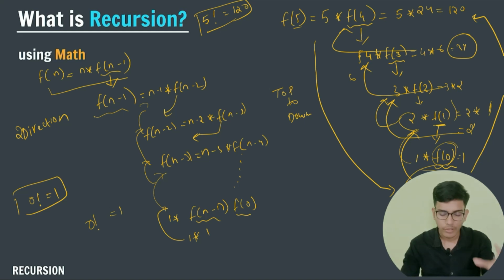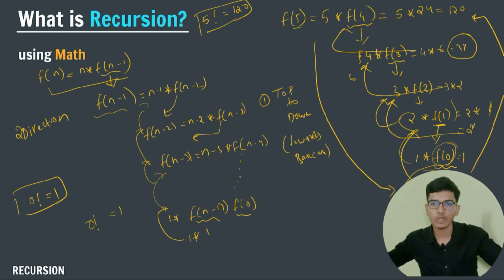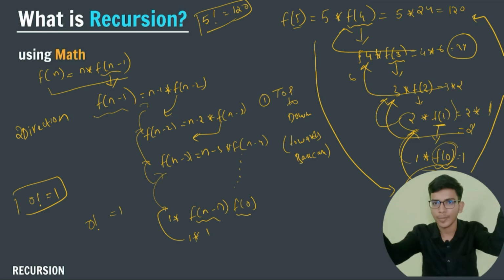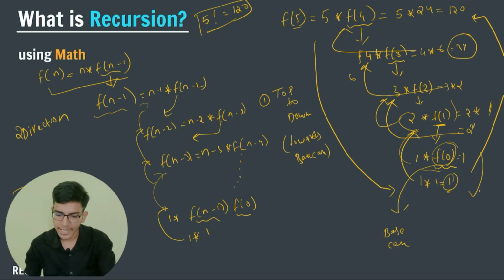Now the first direction is top to down. Here I am traveling towards the base case. From top to down, you can see that from a huge problem I have been reducing my problem to my base case. Once I get my base case, I will start to expand again. This second direction is known as solution combination.